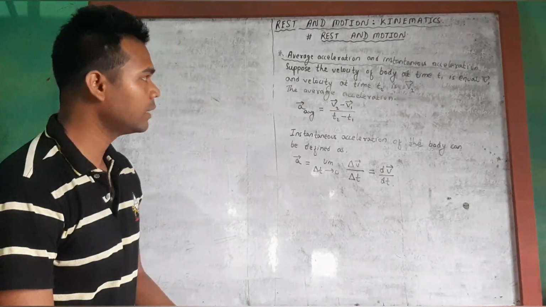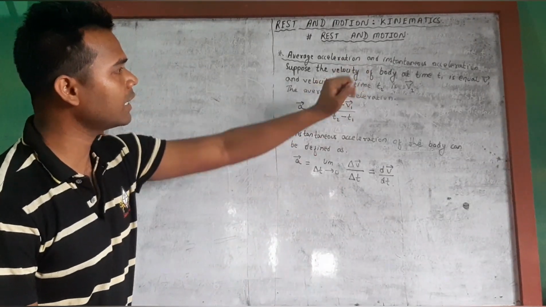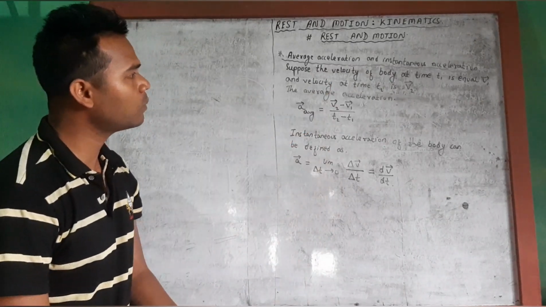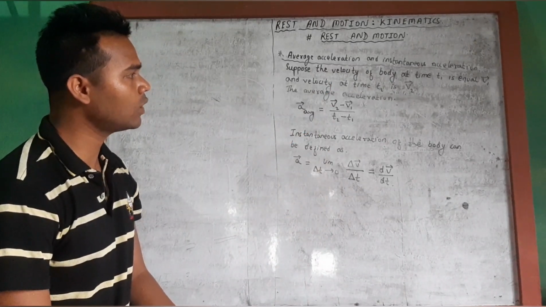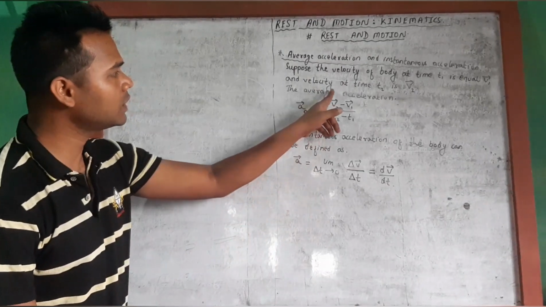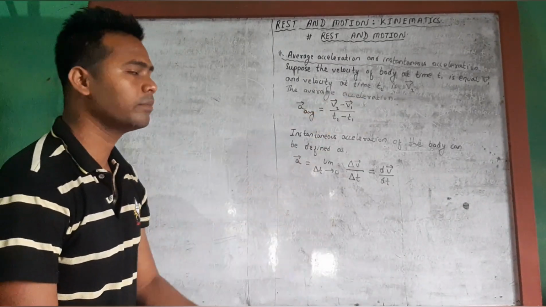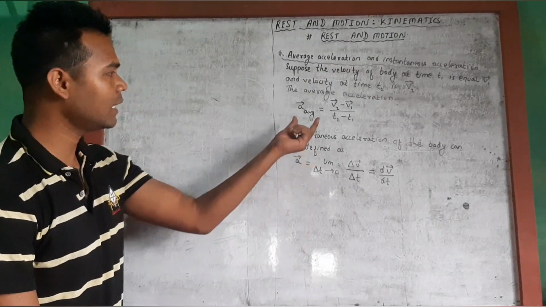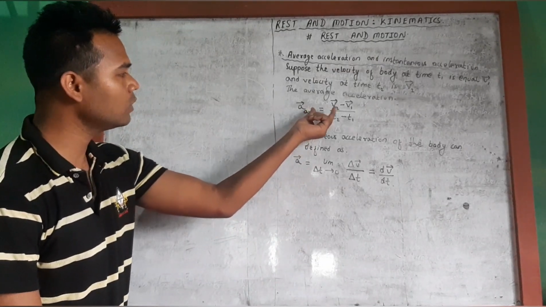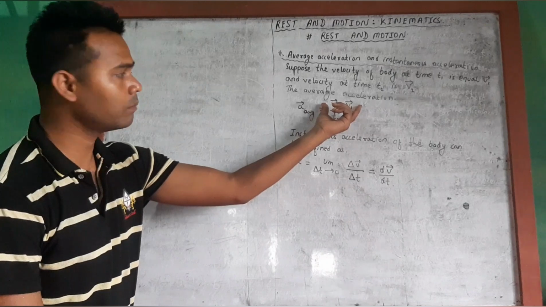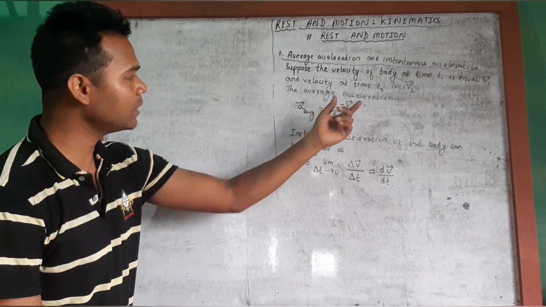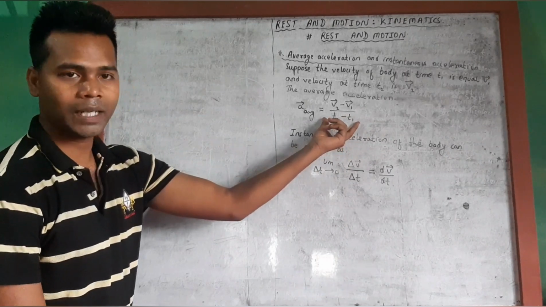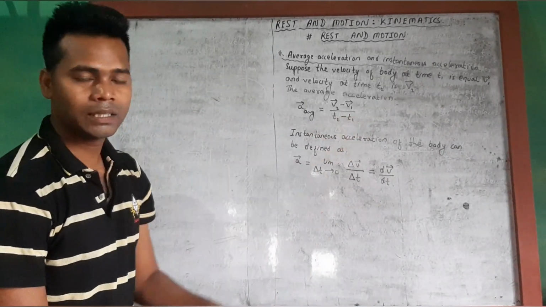Now, let us talk about the average acceleration and instantaneous acceleration. Suppose the velocity of a body at time t1 is v1 vector, and the velocity at time t2 is v2 vector. The average acceleration can be given as the change in the velocity, that means v2 vector minus v1 vector, divided by the total time interval t2 minus t1.